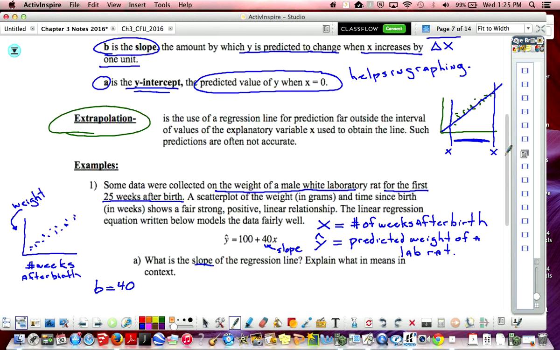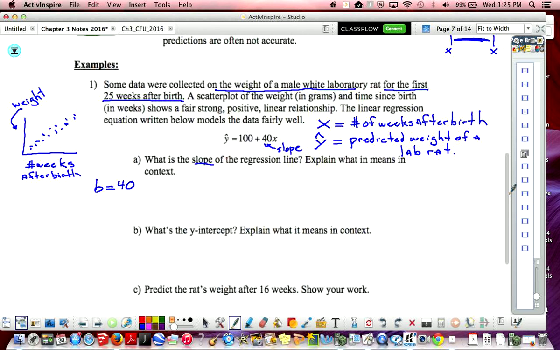So the predicted weight of a lab rat goes up by, what's my unit of measure?